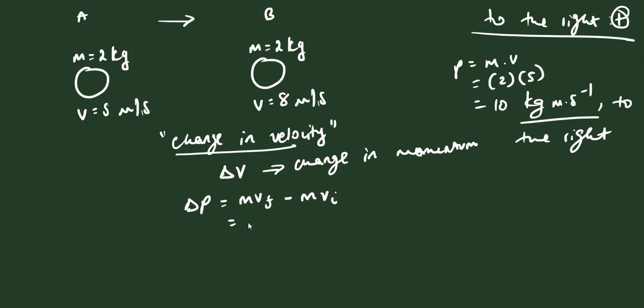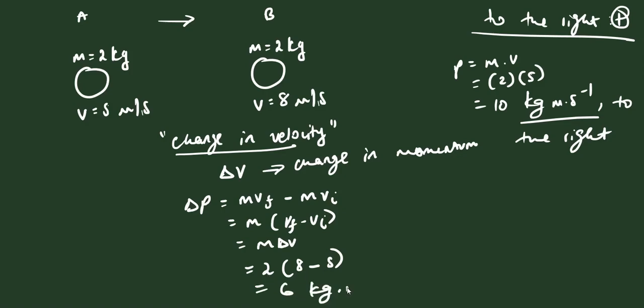So it's the same as saying m times Vf minus Vi, which is m change in v, which means this is a change in momentum. When you want to calculate it, the mass is equal to 2, the final velocity was 8, the initial was 5, then 8 minus 5 is 3, 3 times 2 is 6. So this would be the change in momentum.